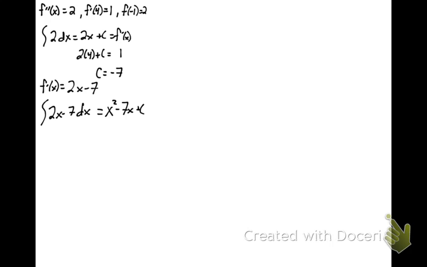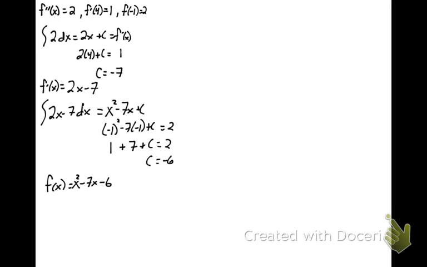And I know that when x has the value of negative 1, the original function has to equal 2. So this means that c has to equal negative 6. So the original function in this case is x squared minus 7x minus 6.